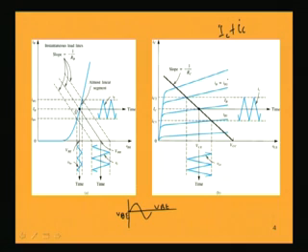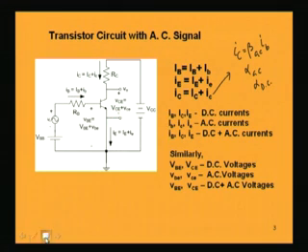Now, considering the collector to emitter voltage, when there is no signal, meaning only DC conditions are prevailing, this is the operating point, that is the intersecting point between the load line and the characteristic. So, this DC value is the collector to emitter voltage, VCE DC. Now, the value of VCE when collector current increases is given by VCC minus ICRC.